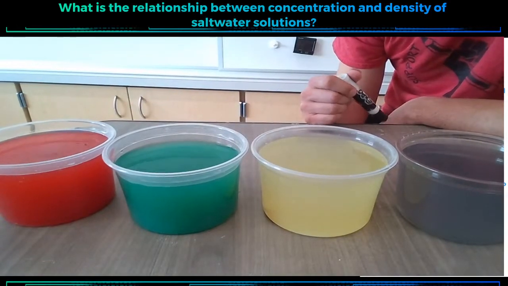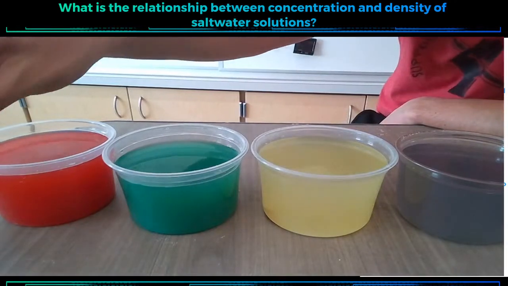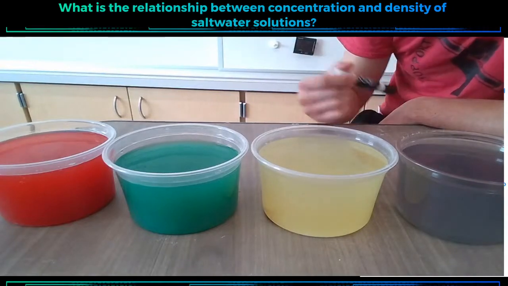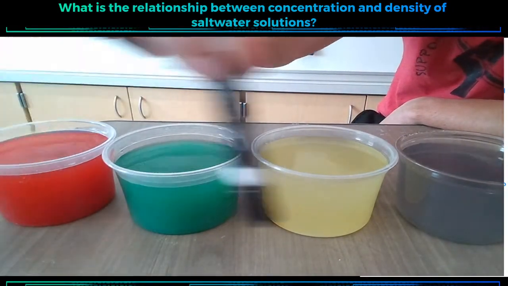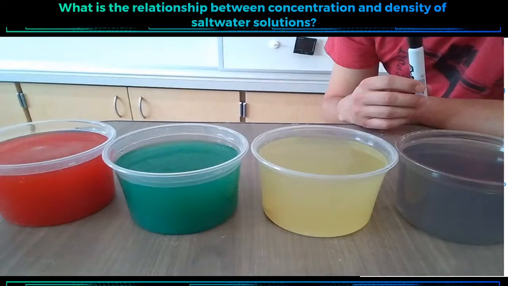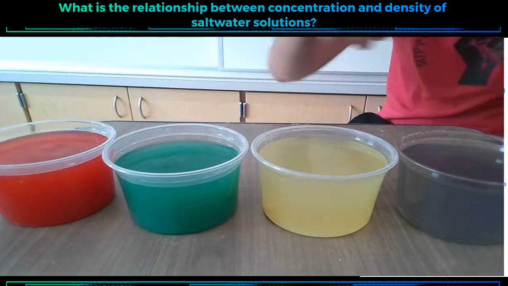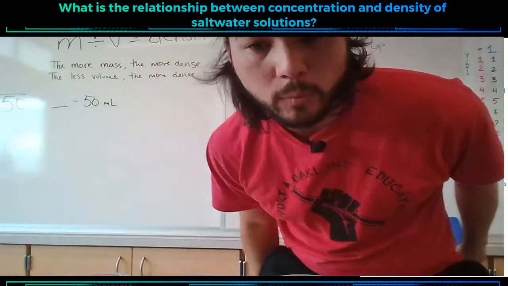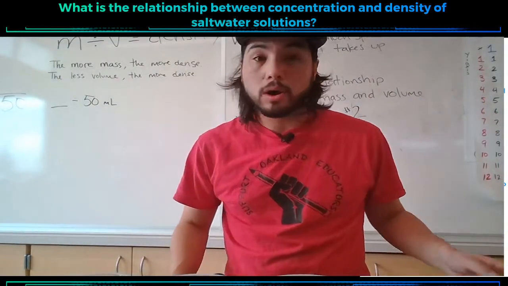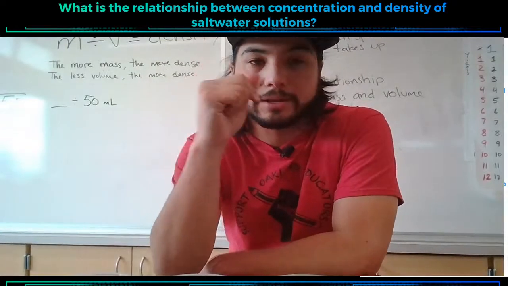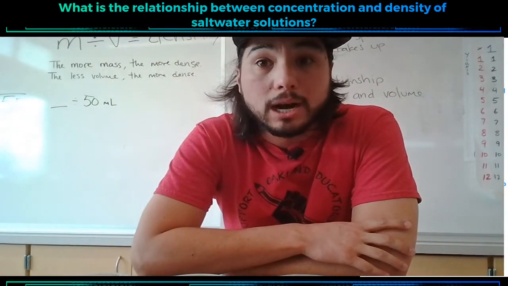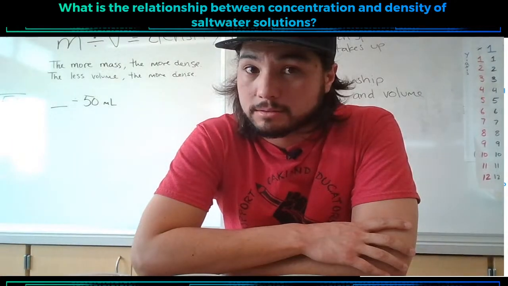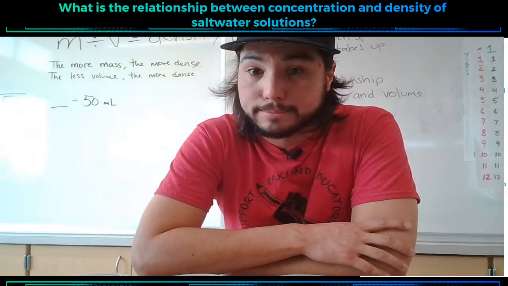So a perfect lineup there of least concentrated to most concentrated and least dense to most dense. So there is our connection, right? The more concentrated a saltwater solution is, so there's your answer to our question above. The more concentrated our saltwater solution is, the more dense our saltwater solution is.